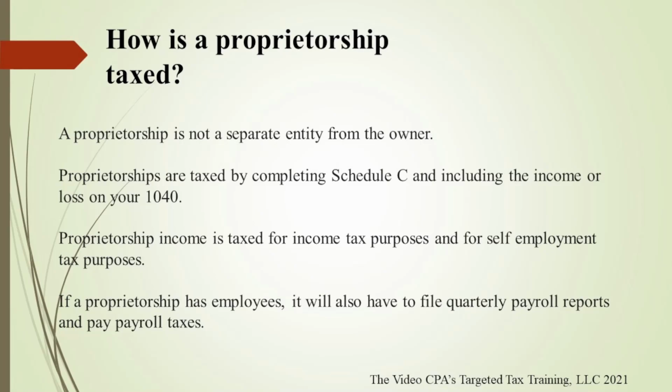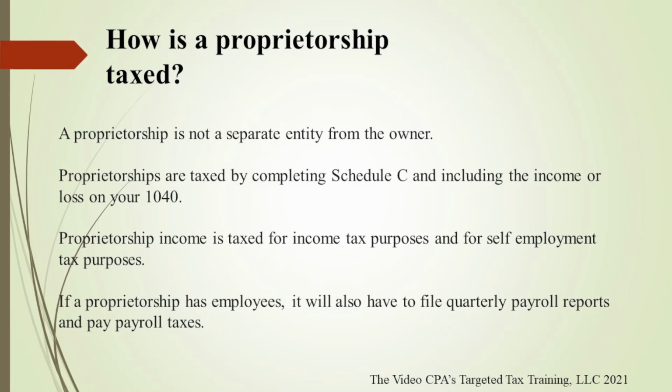So you complete the Schedule C, which is a listing of your revenue and your expenses, and it comes down to a net income figure. And then that net income figure or loss is included on your 1040. And that's the way that you actually calculate your tax for tax purposes.